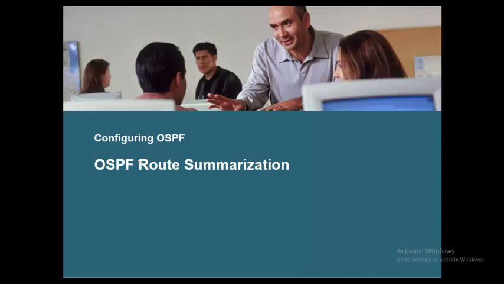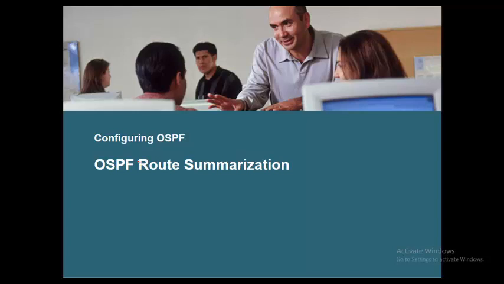EIGRP allows you to do summarization anywhere you want. But OSPF is very clear and very neat in providing summarization options. You can only do summarization on the borders. That's very good. That's the right place to do summarization.